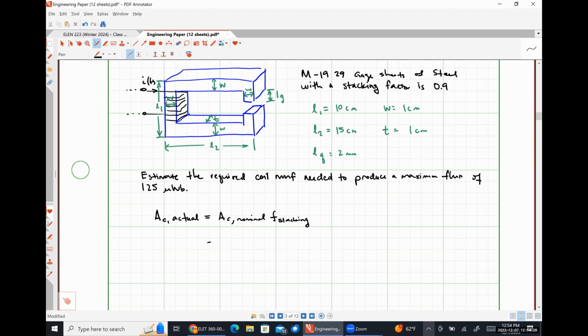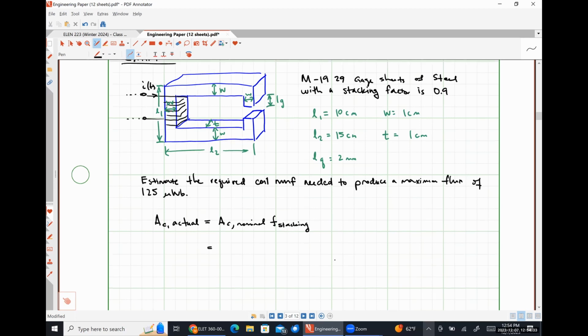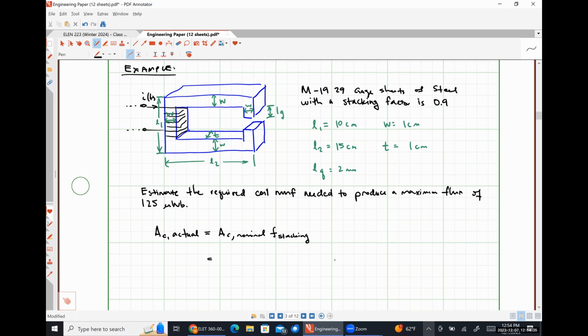So what is the nominal cross-sectional area that our flux sees as it travels around this magnetic circuit? The width times the thickness, absolutely correct. So our actual core area is just going to be the width times the thickness times our stacking factor.